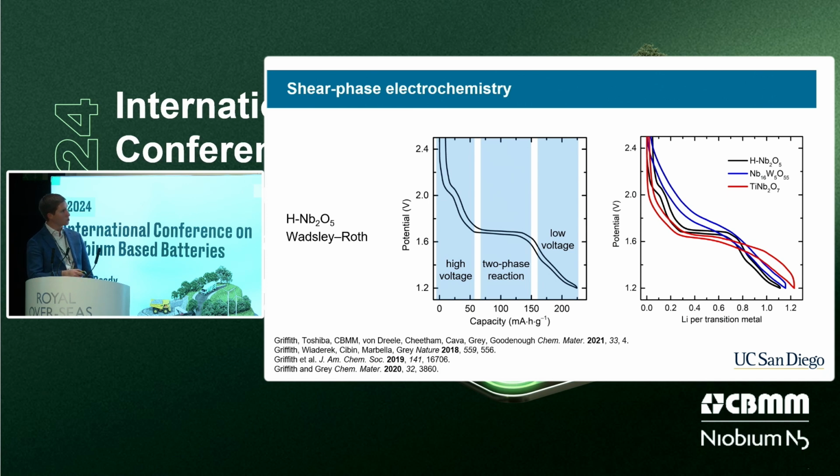So when we start getting into the mixed transition metals, going from the high temperature phase of Nb2O5 into the niobium tungsten oxides or the niobium titanium oxides, we can see that electrochemically, we're really smoothing out this plateau, if you will. And we've done a lot of operando diffraction measurements showing that indeed you take something that otherwise looks like a two-phase reaction that is properly discontinuous into something that is very smoothly continuous.